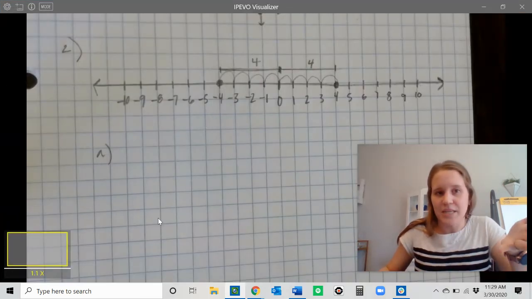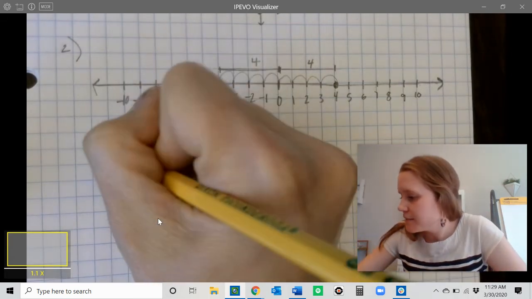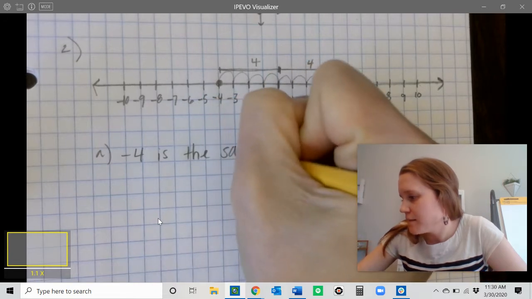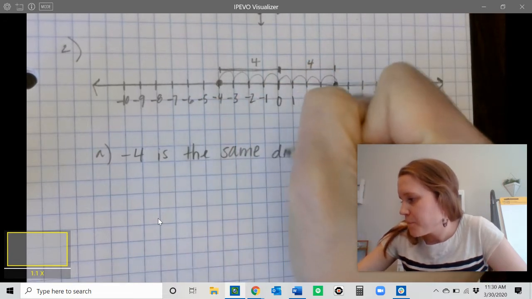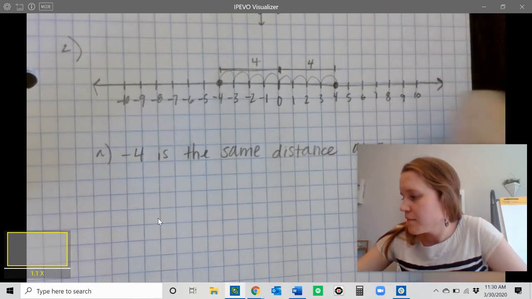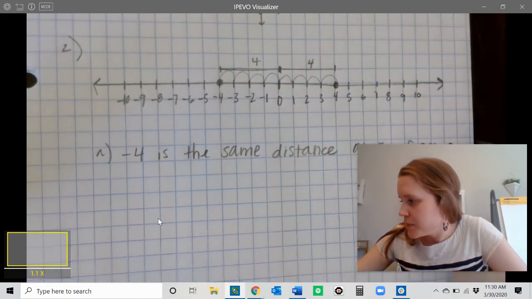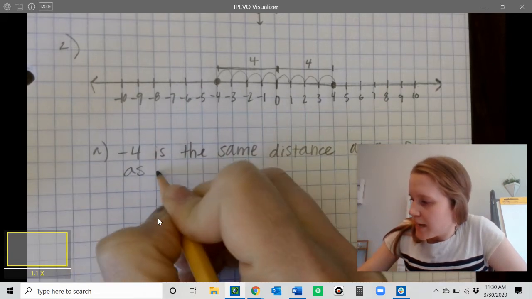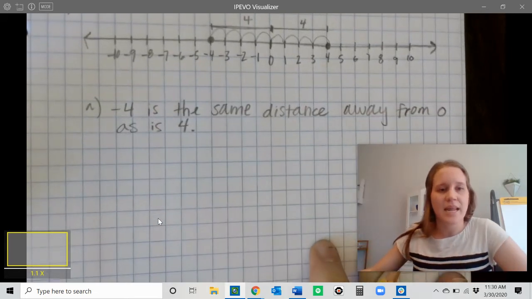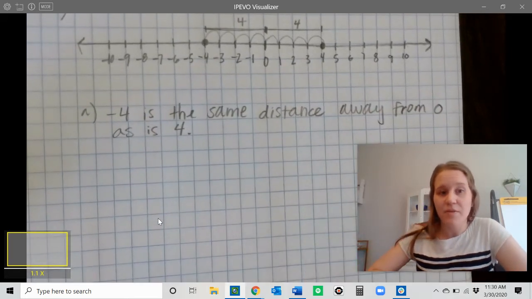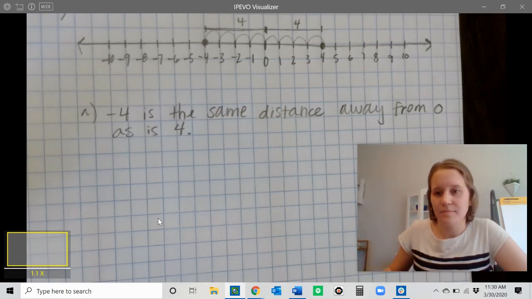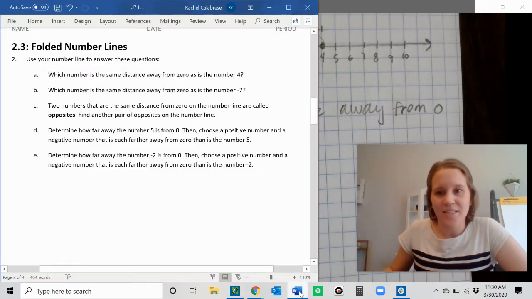So to answer that question, I'm going to say -4 is the same distance away from 0 as is 4, or +4. -4 is the same distance away from 0 as is 4. Awesome. Let's look at the next one.